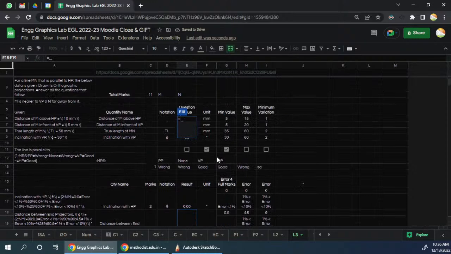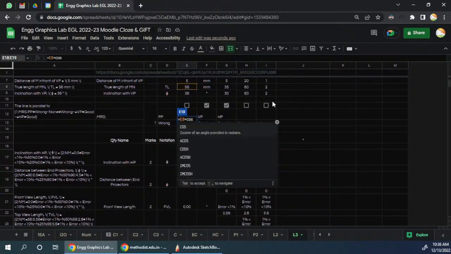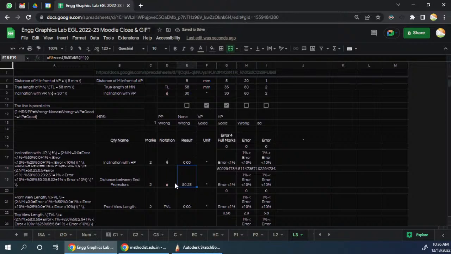This is the true length multiplied by cos of this angle. So this is the distance between the projectors.